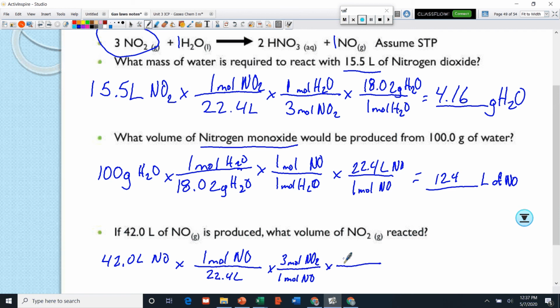And then for every 1 mole of NO2 is 22.4 liters. Now, this one's nice because we have 22.4 multiplied there and divided there, so that cancels. So really all we have to do is 42 times 3, and that will give us our answer in liters of NO2.